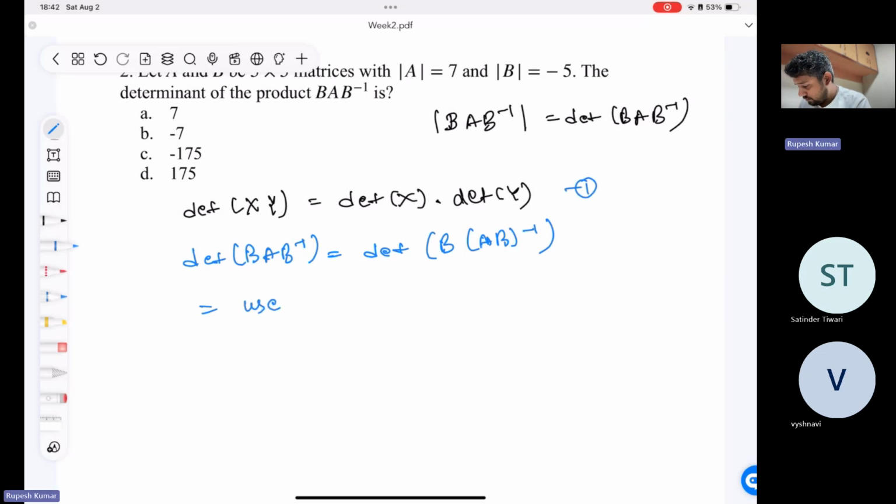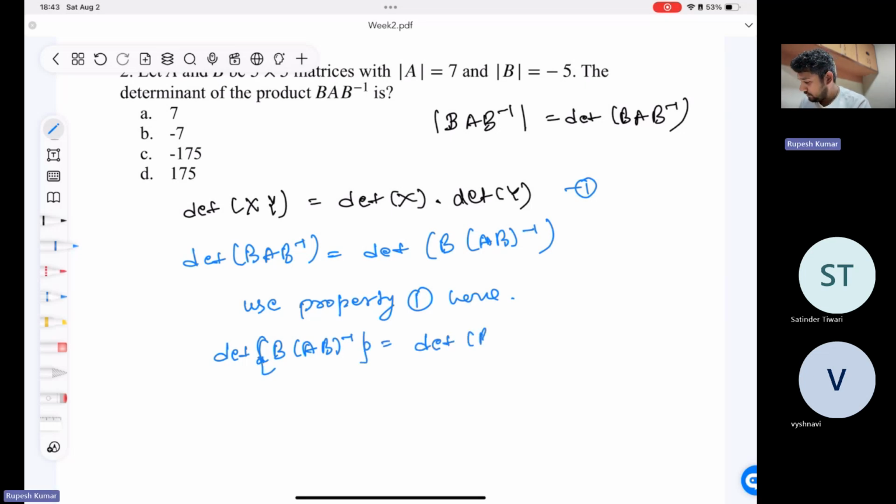So use property 1 here. We can say determinant of B into AB inverse is equal to determinant of B multiplied by determinant of, oh, sorry, I made a mistake right here.